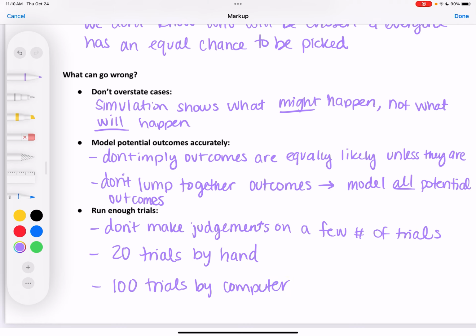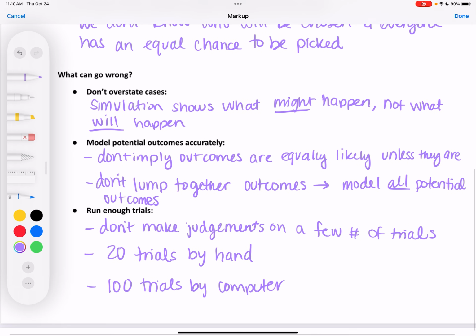It's going to analyze for you: I ran 100 trials, and here are the results. You can still see the output of what each trial gave you, but at the end it's already analyzed it for you. Whereas by hand or using your calculator to produce numbers, you're still having to calculate these things yourself.